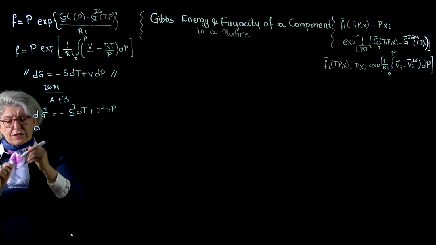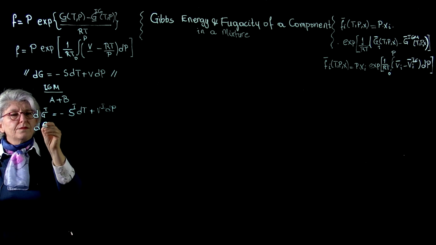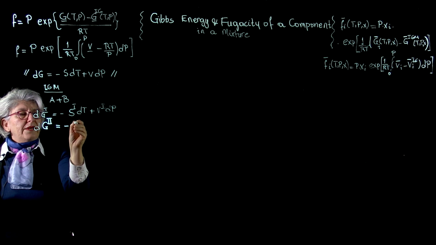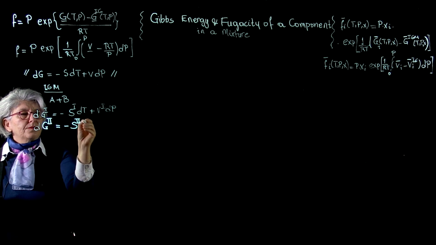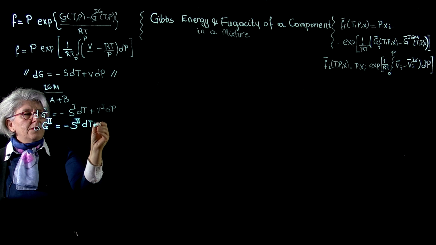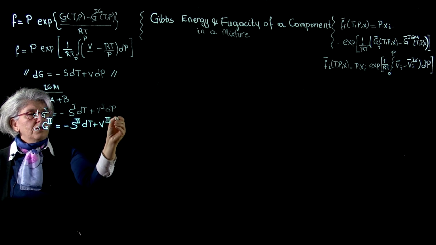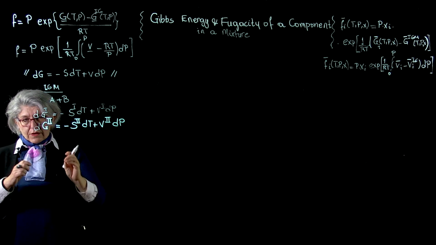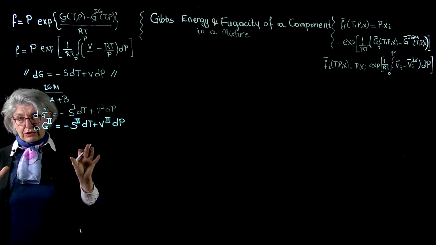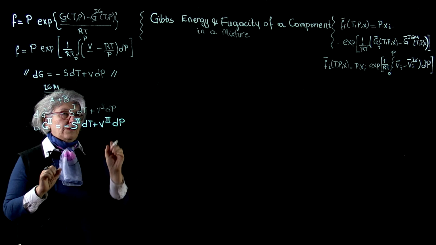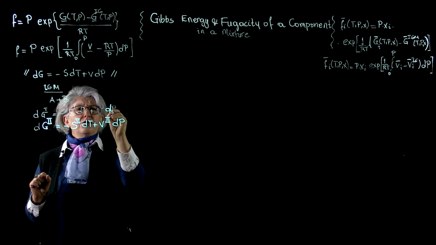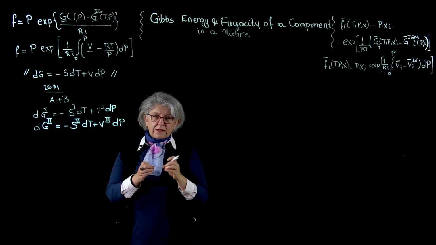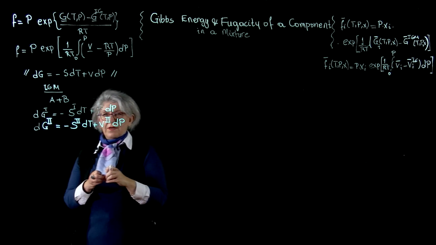The Gibbs free energy of component 2 is going to be minus S2 dT plus V2 dP. So we have those pure components, and we are going to mix them at constant pressure. All right?